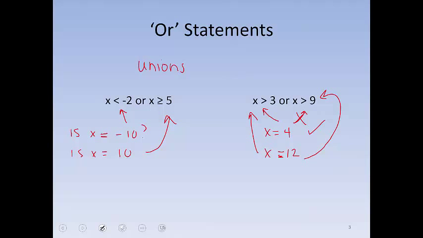But it doesn't have to satisfy both pieces. It only has to satisfy one of the pieces to be a solution. So we can actually simplify this statement of x is greater than 3 or x is greater than 9. We can simplify that to, well, x is greater than 3. Because once you get to 9, everything's already bigger than 3. It's bigger than 9. So we can actually simplify this or statement down to one single inequality.